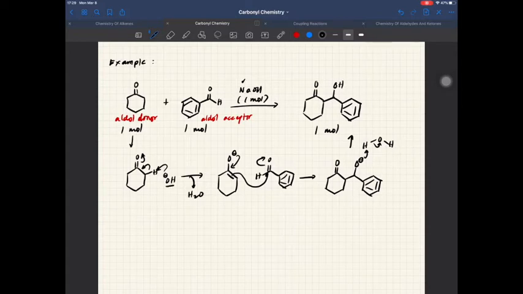We have our base abstracting the alpha hydrogen first to form an enolate intermediate, and this enolate will act as a strong nucleophile and react with our weak electrophile to form an alkoxide intermediate, and this alkoxide intermediate will abstract the hydrogen of water to form the final product, which is an alpha hydroxy ketone.